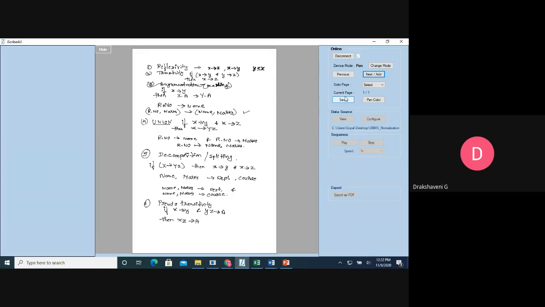So what we have done? Here you can see x tends to y and yz tends to a. Then we can say xz tends to a. Okay. So next one, composition. Composition is what? So if x tends to y and a tends to b, then xa tends to yb.